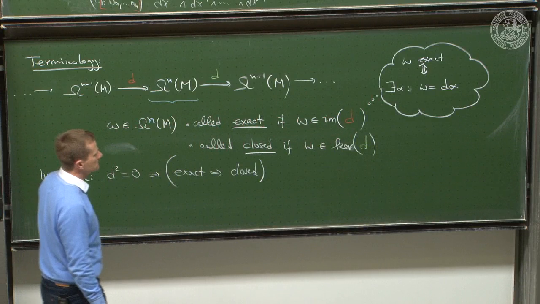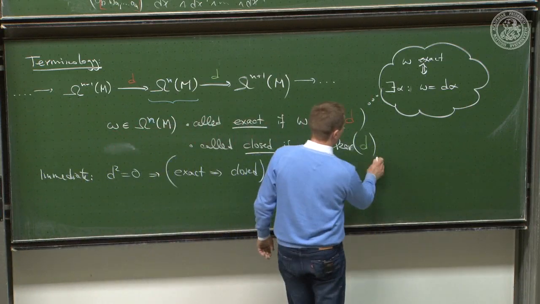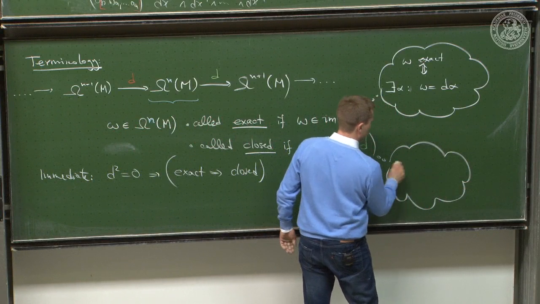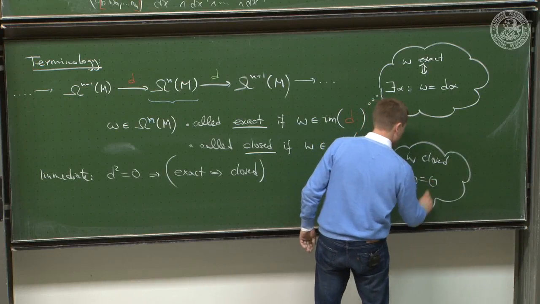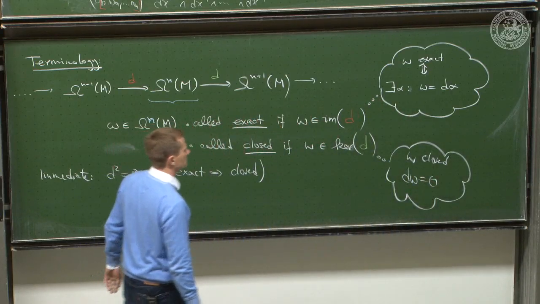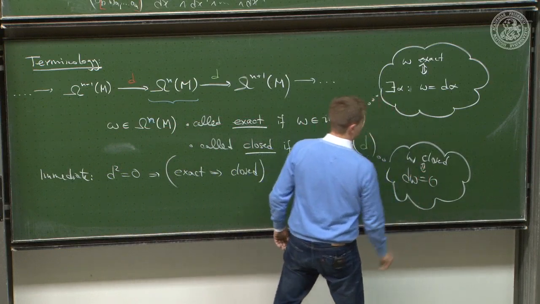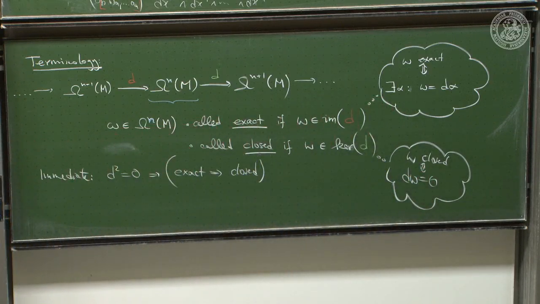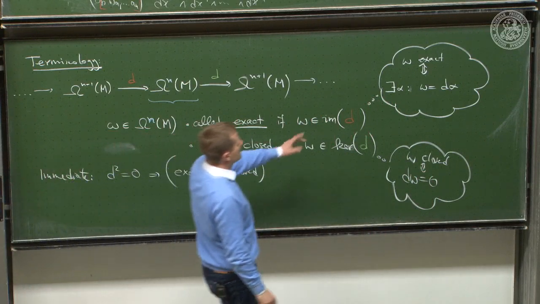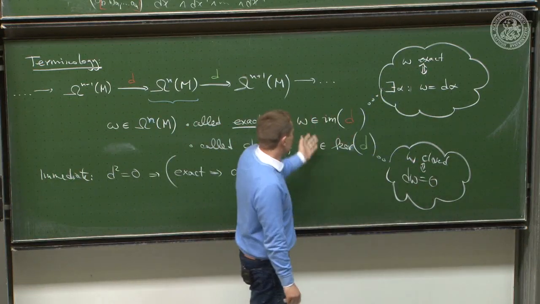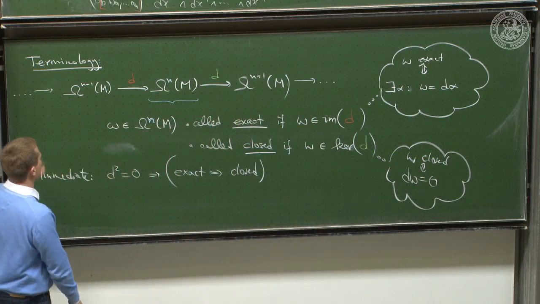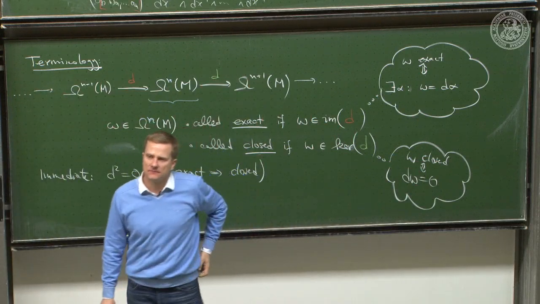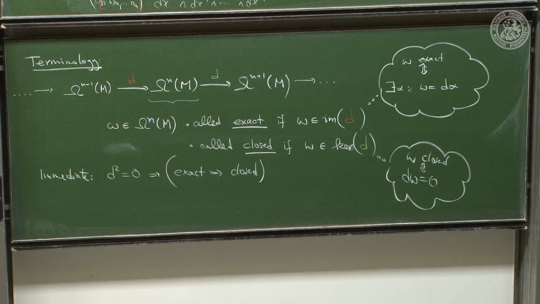That's exact. And of course, omega closed is that d of omega is 0. So this is just a reformulation, and you need to be able to switch between this formulation of exact, which is of course precisely this definition, but here it's useful to think in terms of images and kernels if you think about the sequence. Okay, and now we go back to this electrodynamics problem.